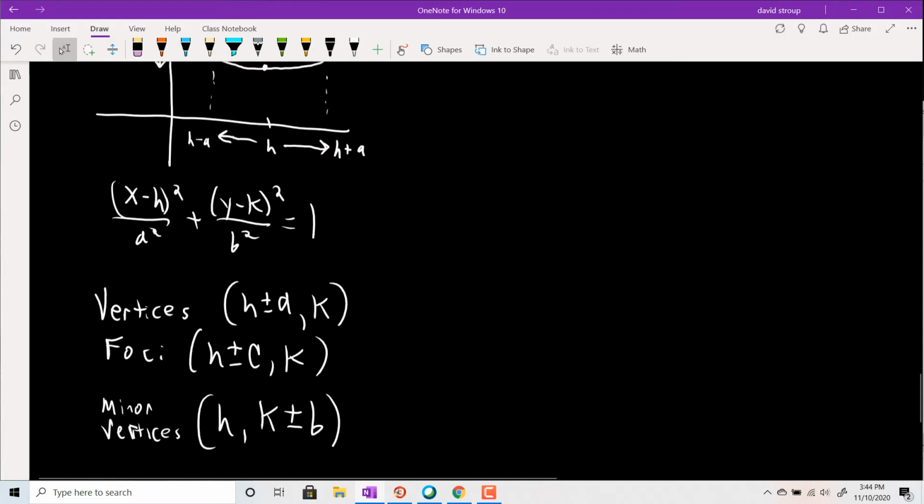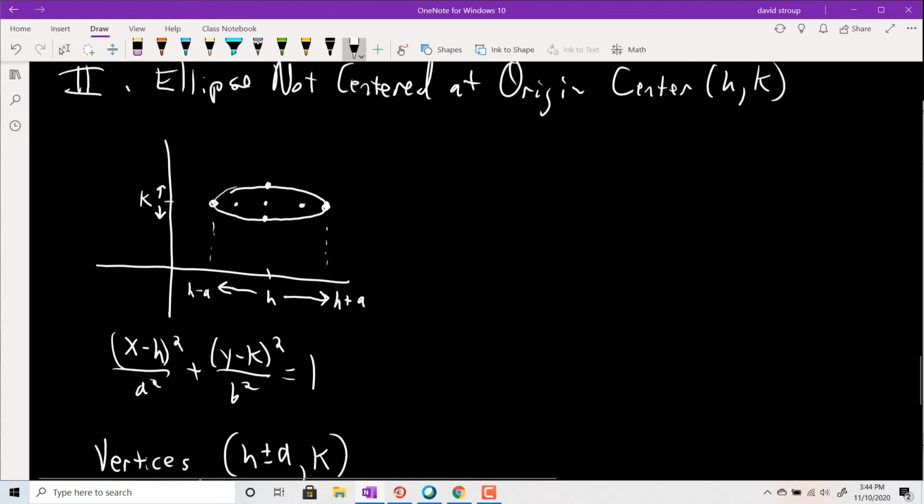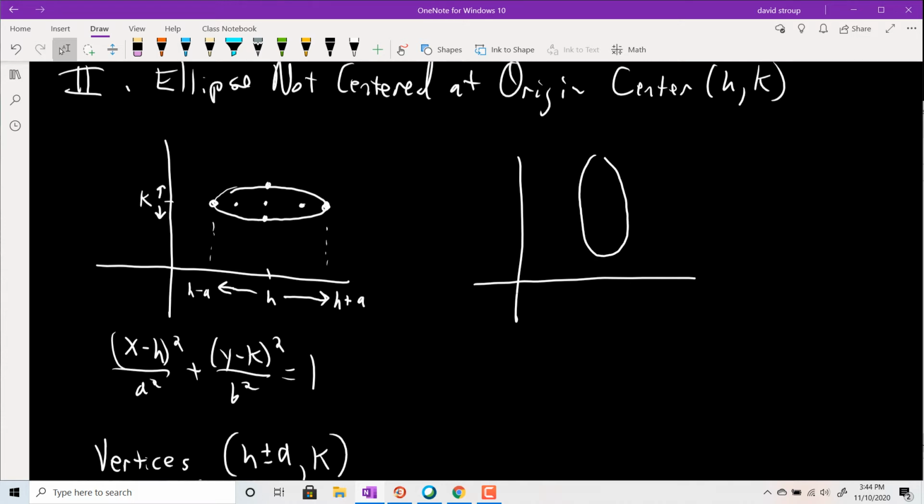Okay, the other orientation then is when the major axis is parallel to the y-axis. Okay, so that'll be something like this. So there's our points of interest. Okay, this will be h, and then this will be k.